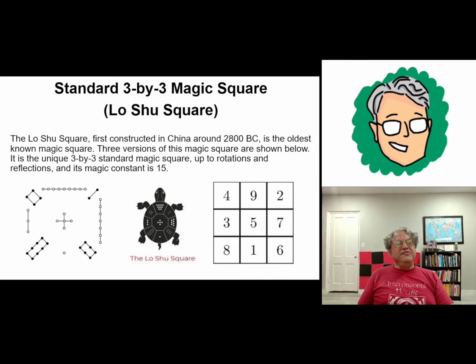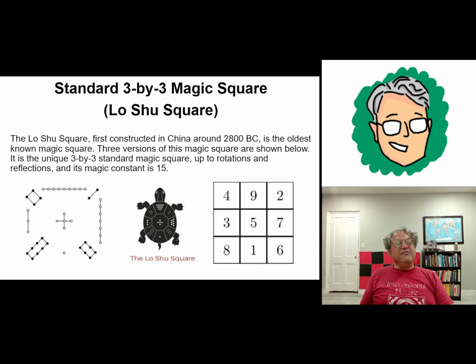This turns out to be the unique 3 by 3 magic square up to rotations and reflections. There are actually 8 of them, because there are 4 ways you can rotate the square and another 2 ways you can reflect it, so 4 times 2 is 8.